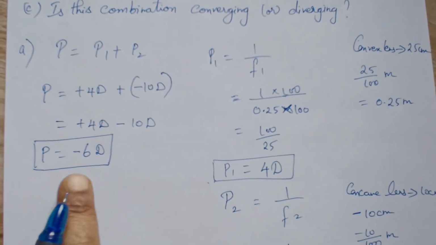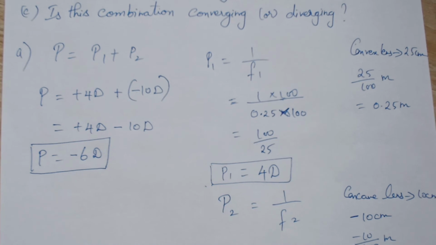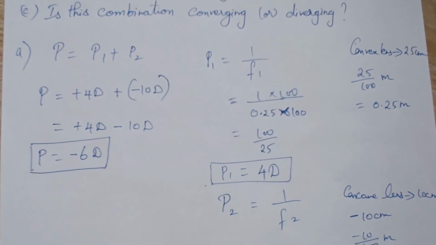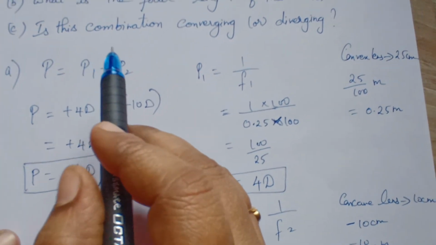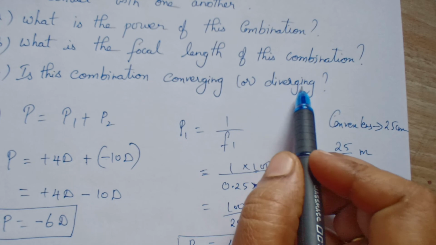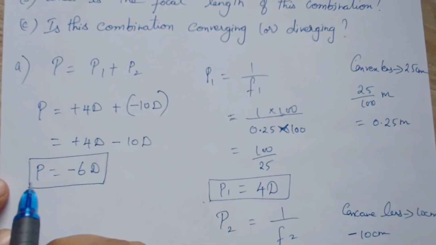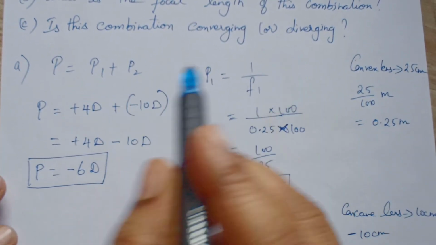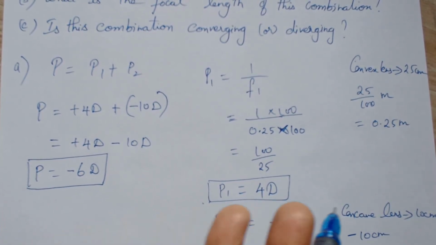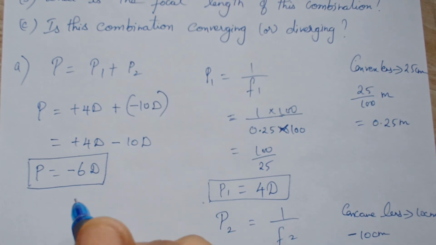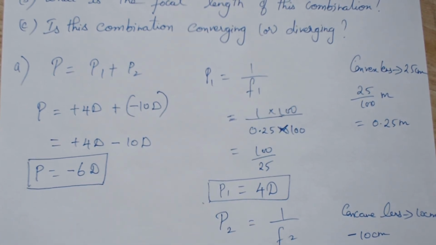So this negative sign indicates your net effect will be diverging. Only for the concave lens will you get the negative power. So for the question of whether the combination is converging or diverging, the rays will be diverging. The net effect of the lens, if you combine the convex and concave, will be diverging only, because you got the power in negative terms.